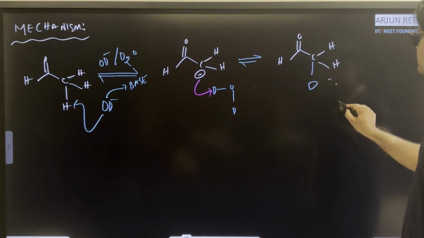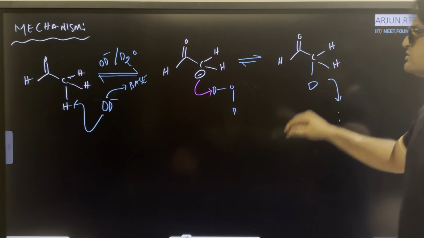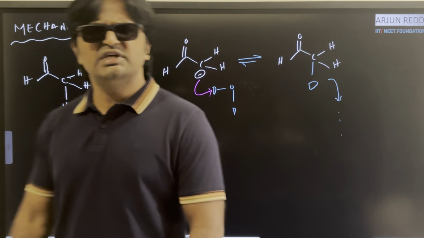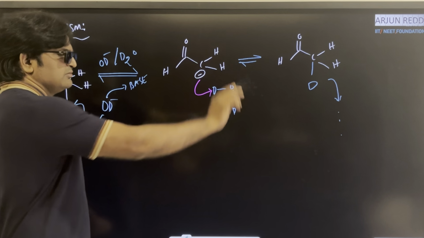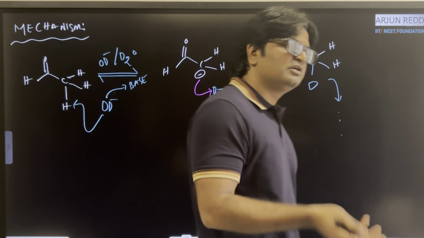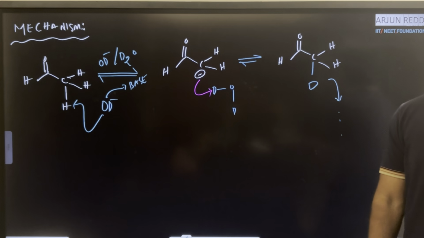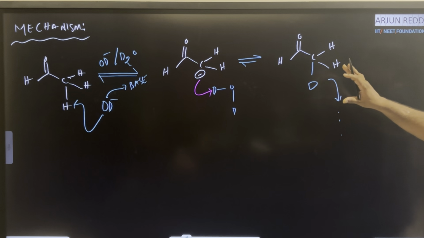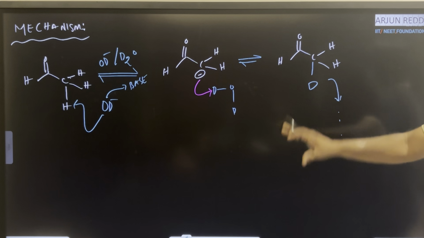Like that, with the same mechanism, all hydrogen atoms are replaced by deuterium. Same mechanism as the first step: remove the proton, introduce deuterium, remove hydrogen, again introduce deuterium, like that. So this is the outline of the steps of this process.